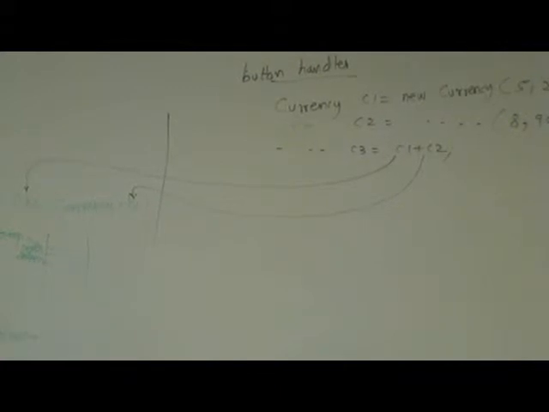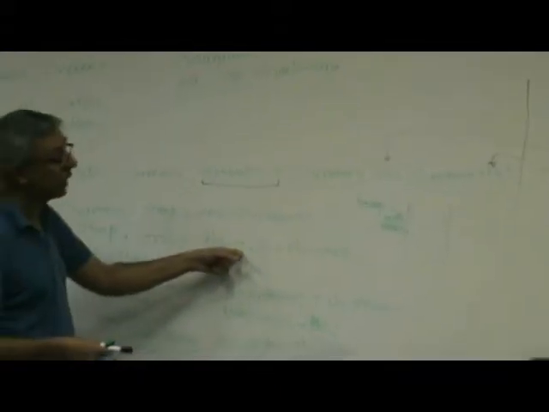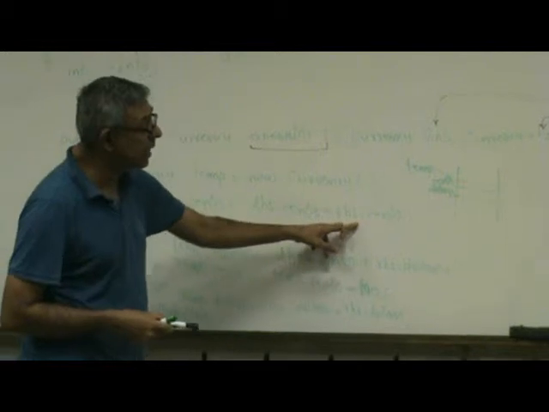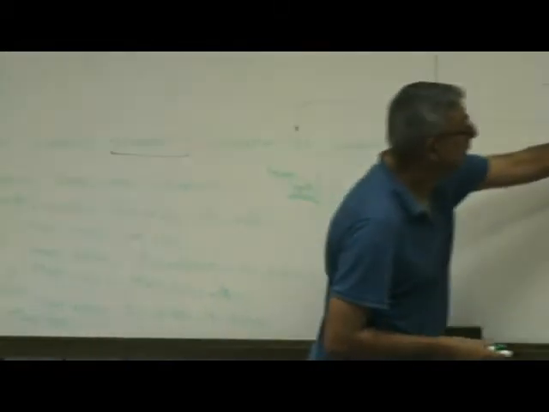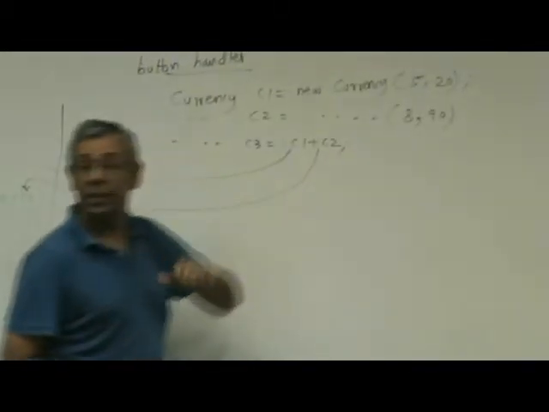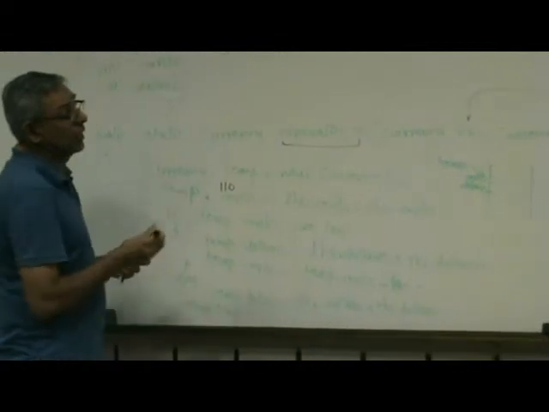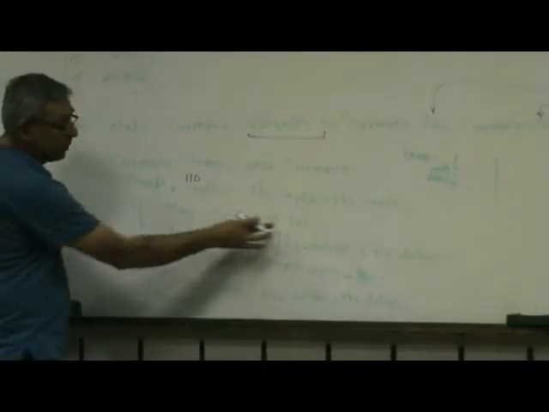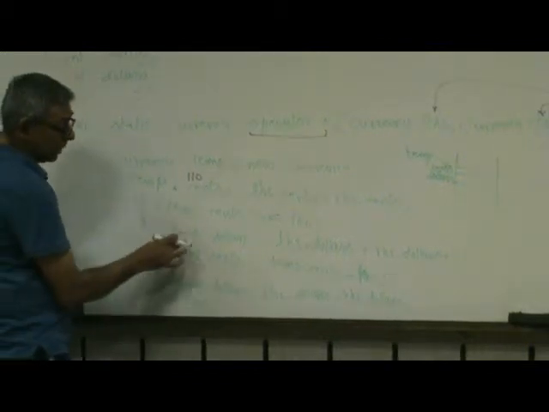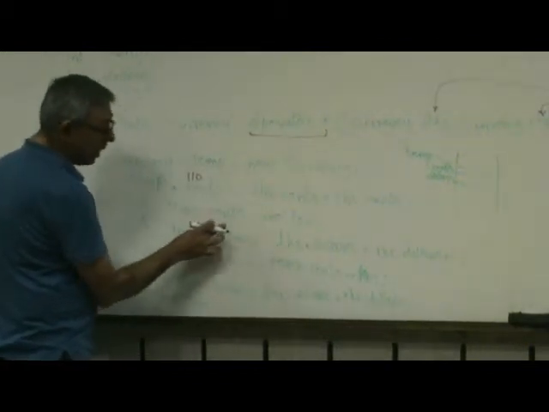C1 in our example is $5.20. So the cents amount is 20, right? Right-hand side in our case is C2. Cents amount is 90. So it will do 20 plus 90. So this will basically become 110 in this example, right? Then we are checking, is it greater than 100? Yes.